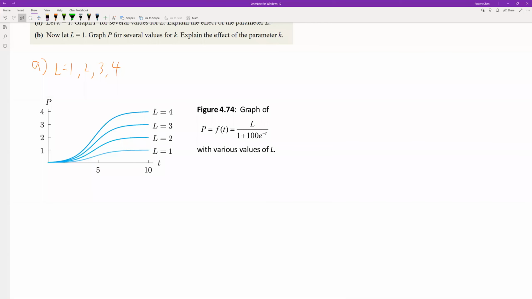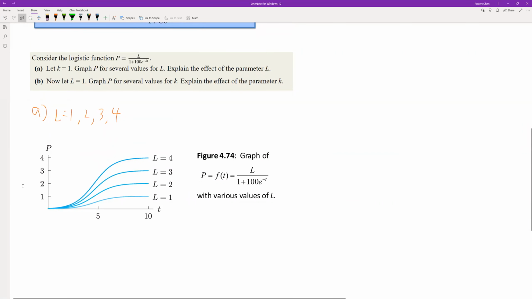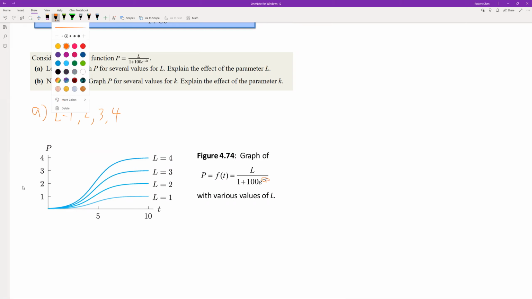Here is the graph using software, and this is actually from our textbook. You can see that if we let k be equal to 1, we have e to the negative t right here, and then L in the numerator. Notice the effect of L here.